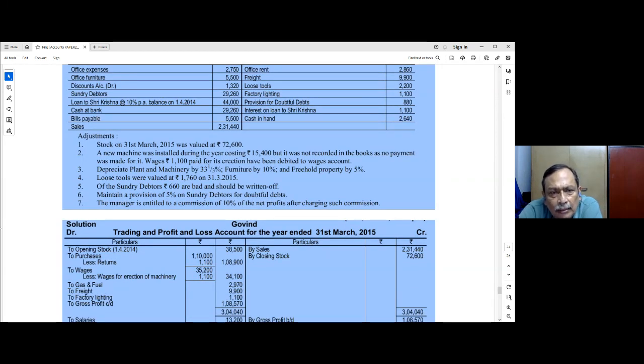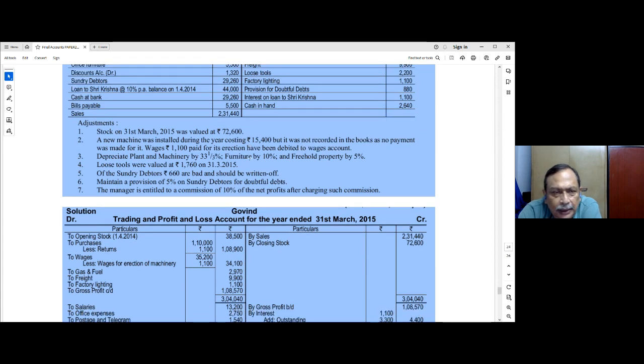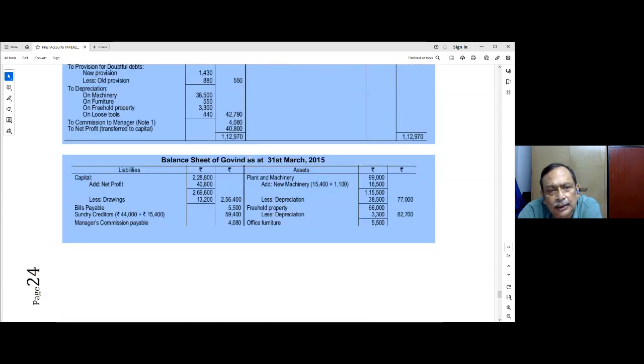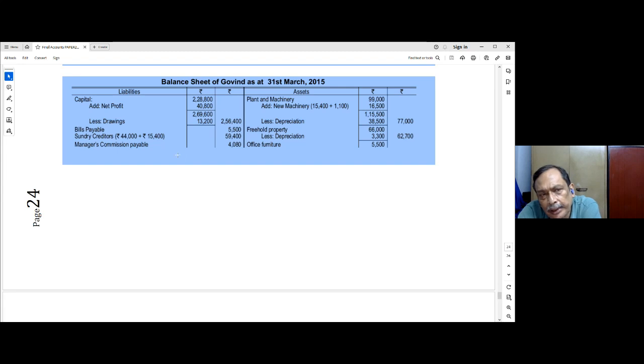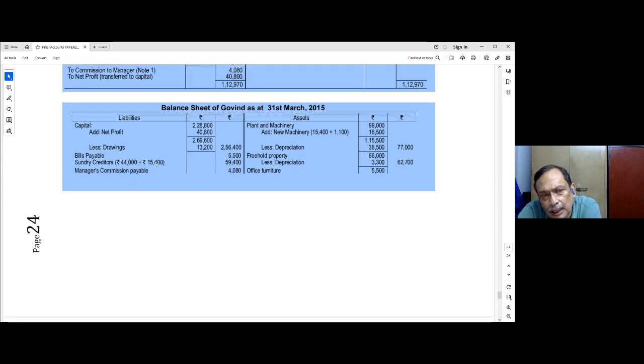And then you see, a new machine was installed during the year, 15,400, but it was not recorded in the books as no payment was made. Hence, your creditors will be increased by 15,400. So 44,000 is the opening plus 15,400.